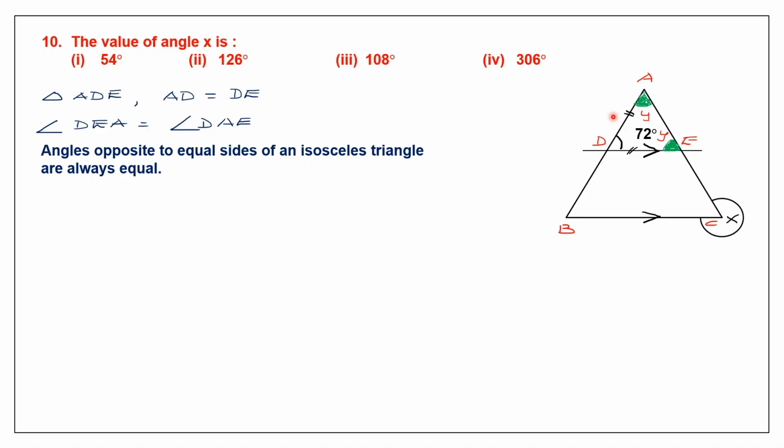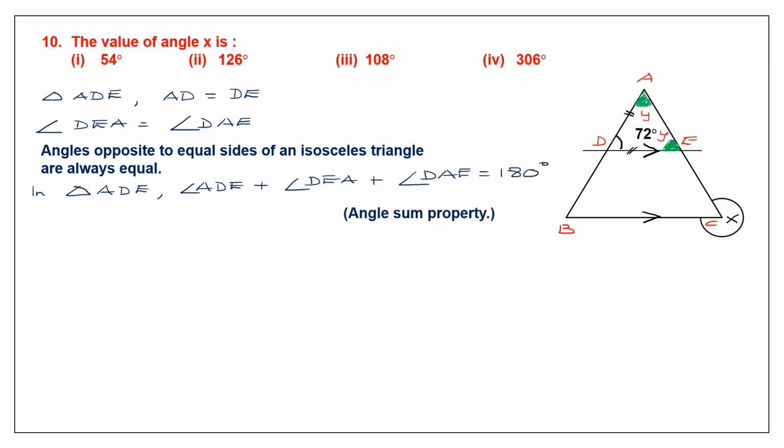Now can you see, in this triangle, 72 degrees plus Y plus Y will be equal to 180 degrees. So again, let's write that. In triangle ADE, angle ADE plus angle DEA plus angle DAE, all these three angles will be equal to 180 degrees.